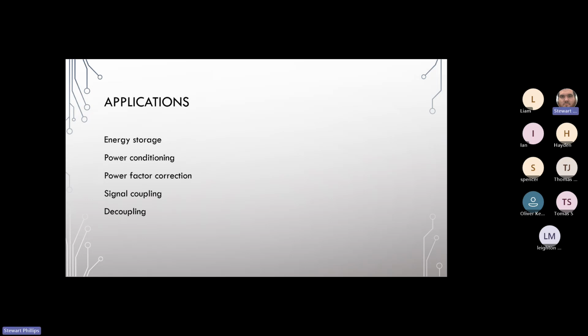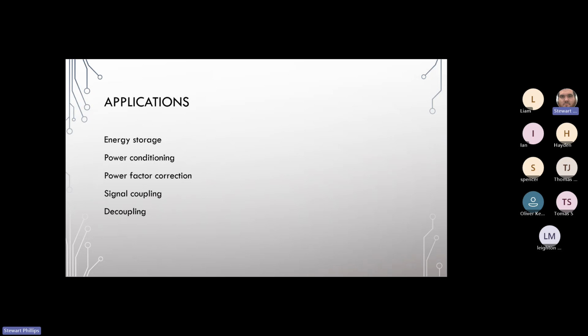Power factor correction. You guys will have talked about in your AC theory correcting bad power factor using capacitors or inductors, depending on whether your circuit is capacitive or inductive.